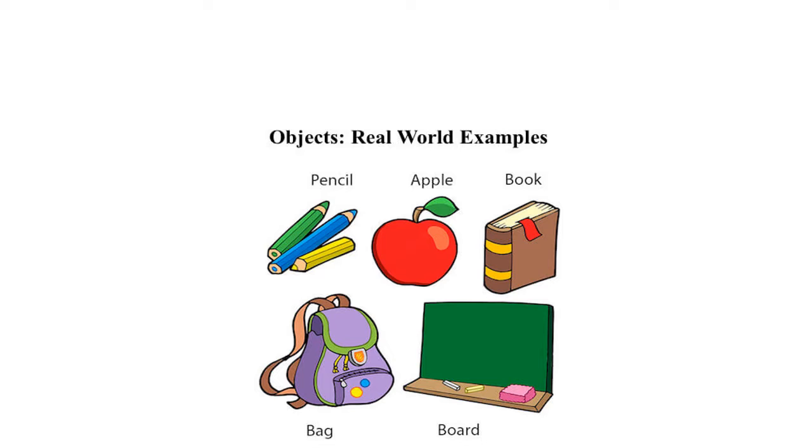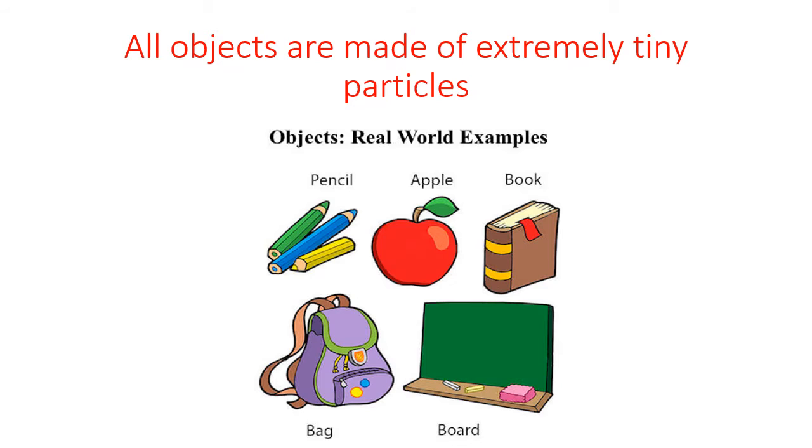Okay, so we say that all objects are made up of extremely tiny particles, and these particles are called molecules. But these molecules are made up of something which is smaller than it also, and those are atoms.